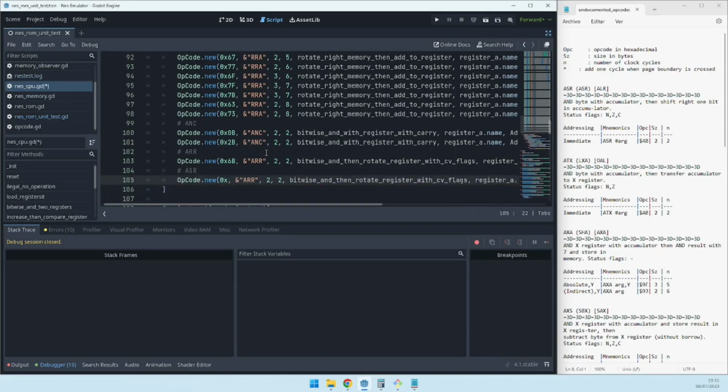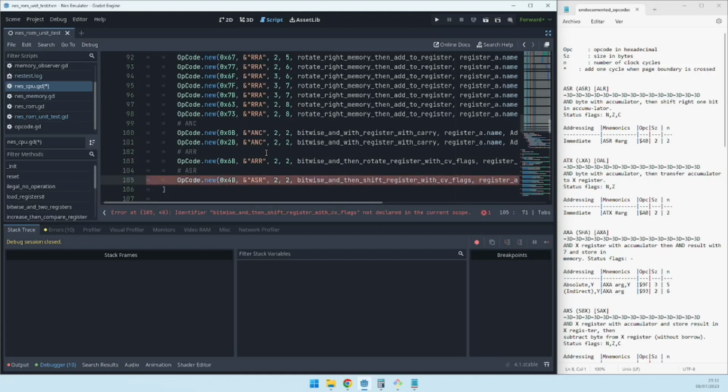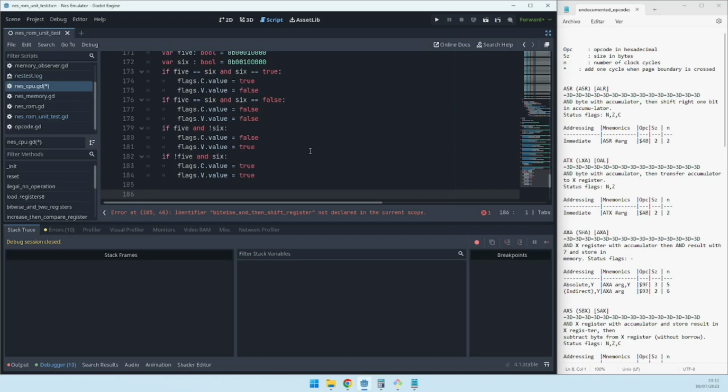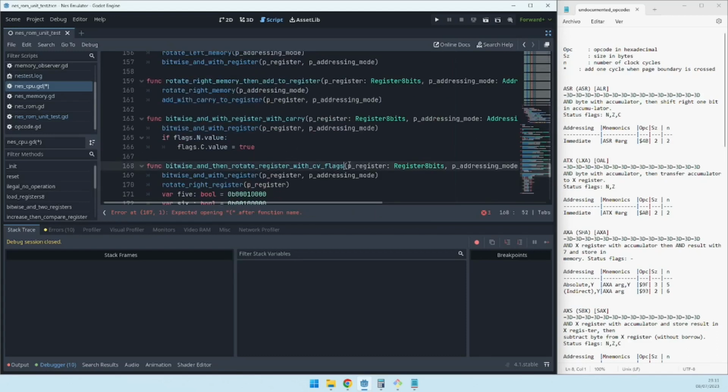And this one is 4B. And shift right, bitwise AND, then shift, register, function, argument.